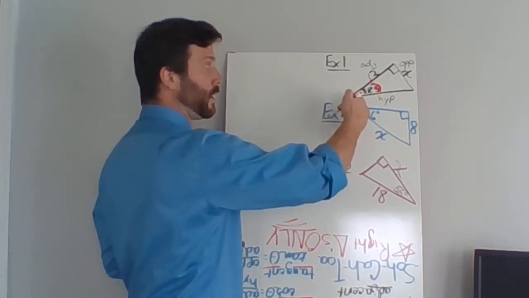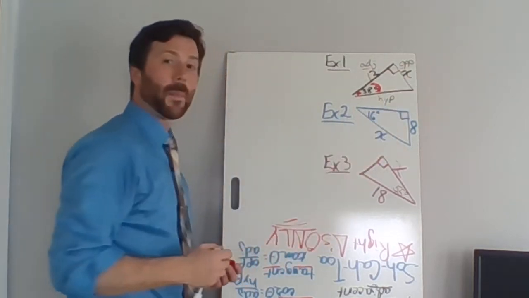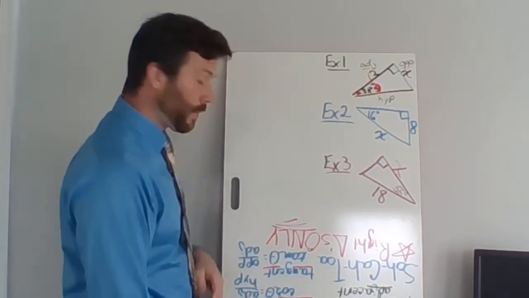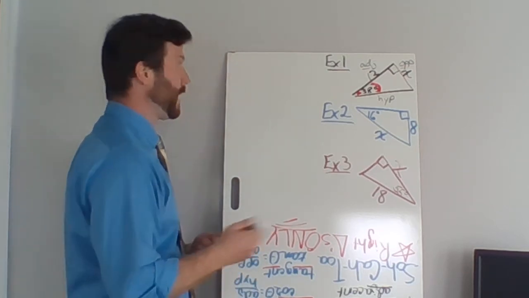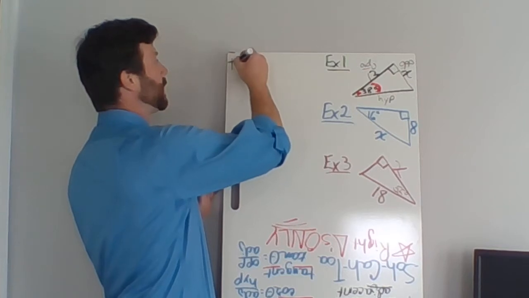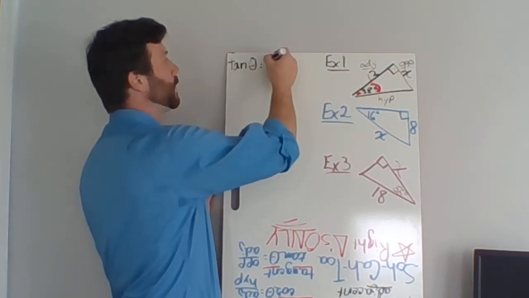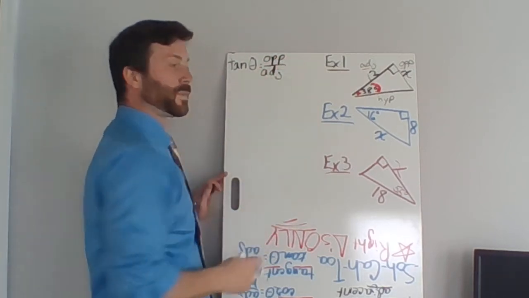I have the angle, I have the adjacent side, and I want the opposite side. So I want adjacent and opposite. Now the trig ratio that puts adjacent and opposite together is tangent. So I can say the tangent of theta is equal to the opposite over the adjacent.